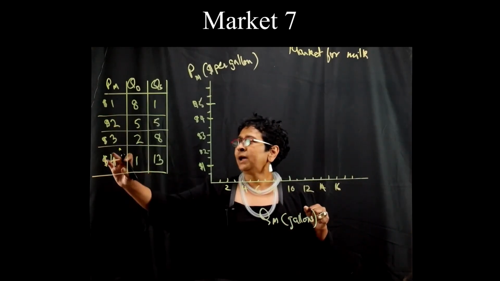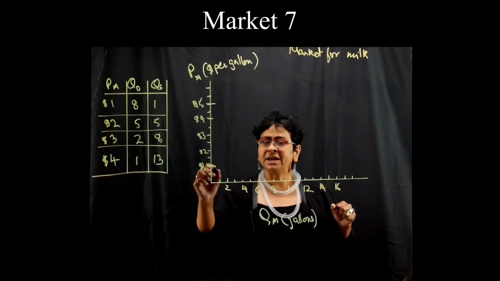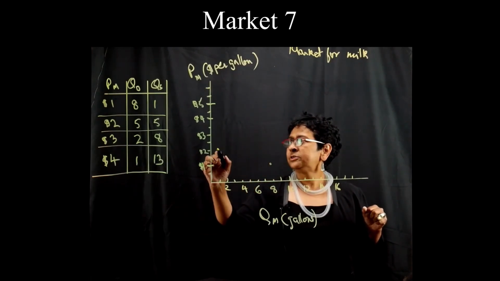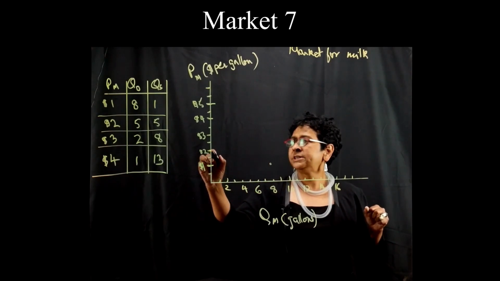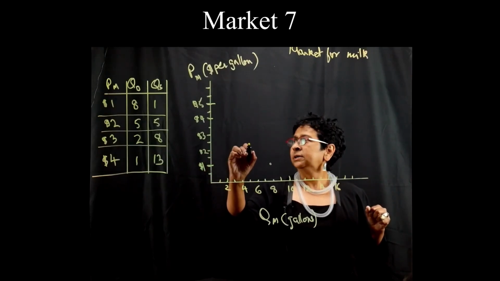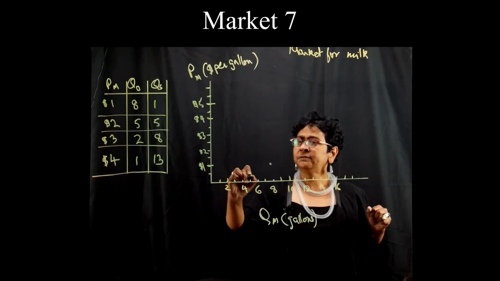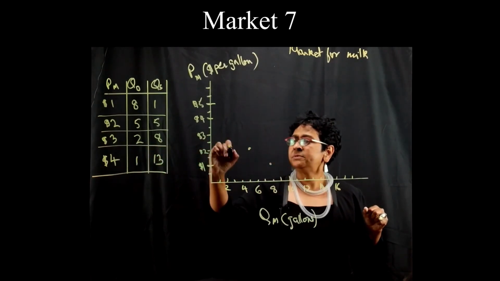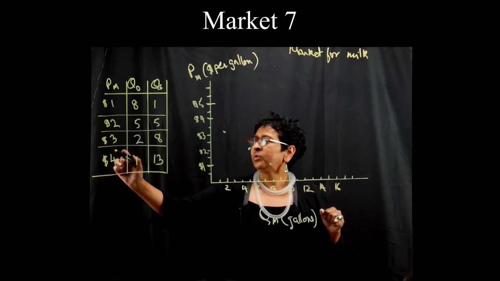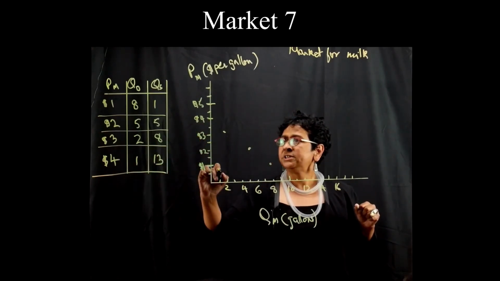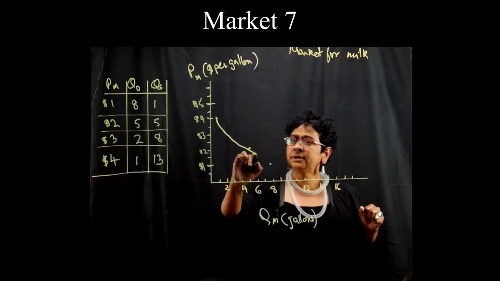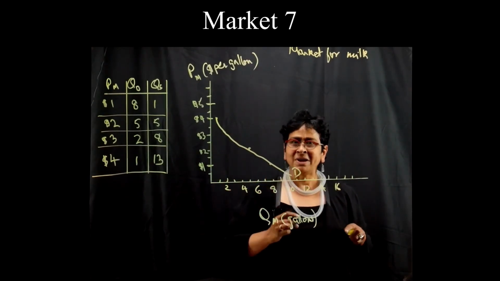At a price of 1, the quantity demanded was 8. At a price of 2, the quantity demanded was 5. At a price of 3, the quantity demanded was 2. At a price of 4, the quantity demanded was 1. So here is my demand curve.